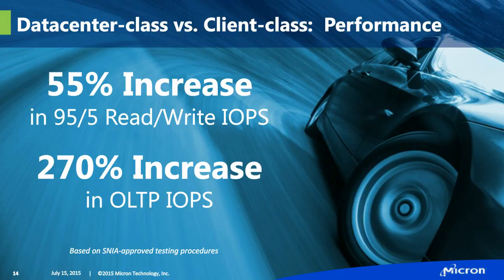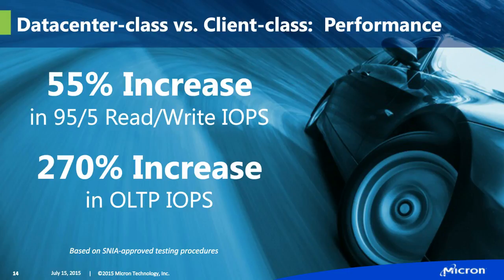For the purposes of this performance comparison, we looked at two very common workloads: a read-centric workload of 95% reads and 5% writes, and a typical online transaction processing, or OLTP, workload of 65% reads and 35% writes.